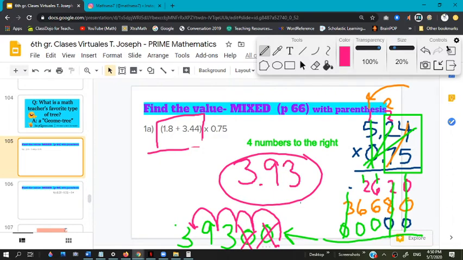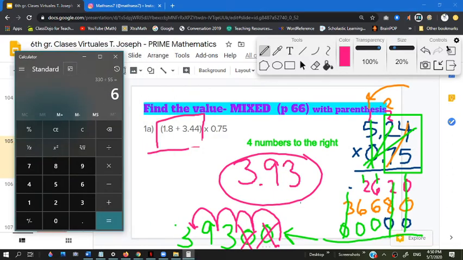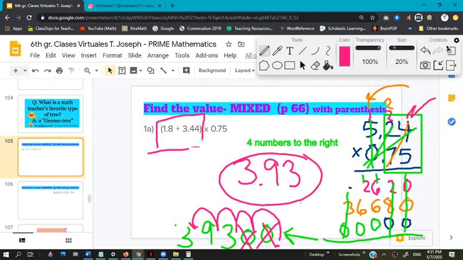Let's check this on the calculator just to make sure. The first thing we did was the addition problem. 1.8 plus 3.44, which equals 5.24, which we got right here.